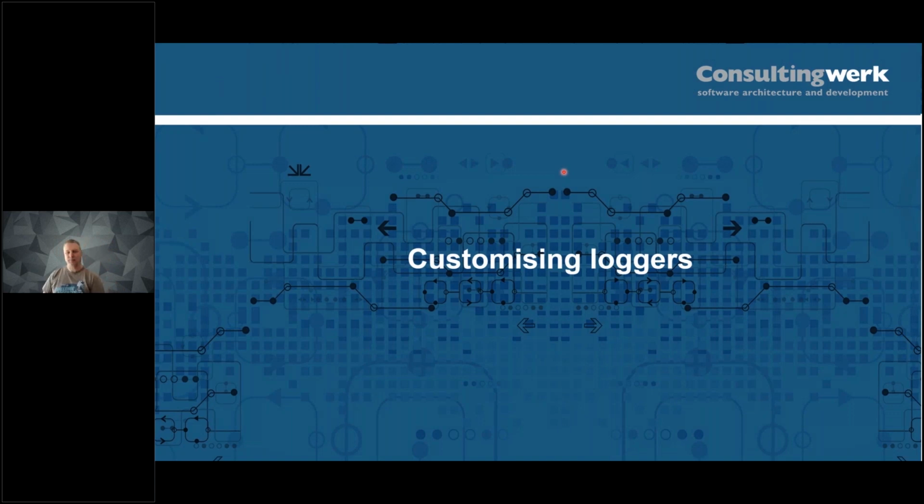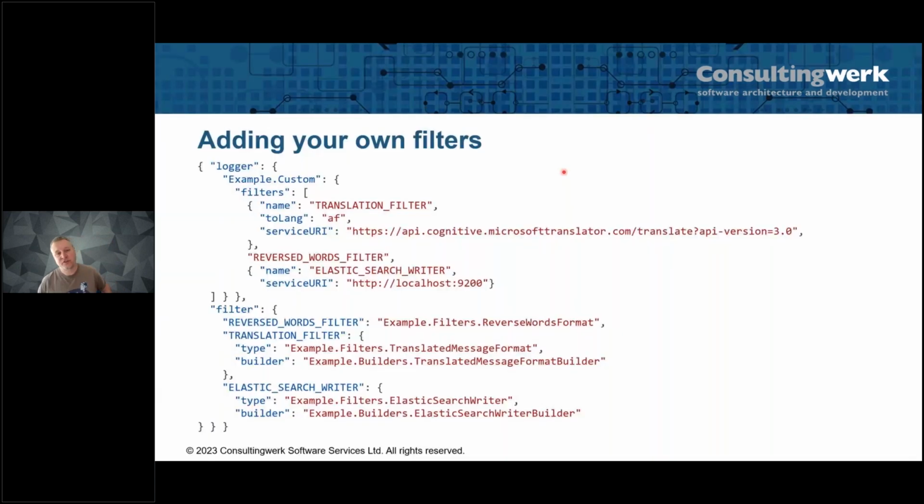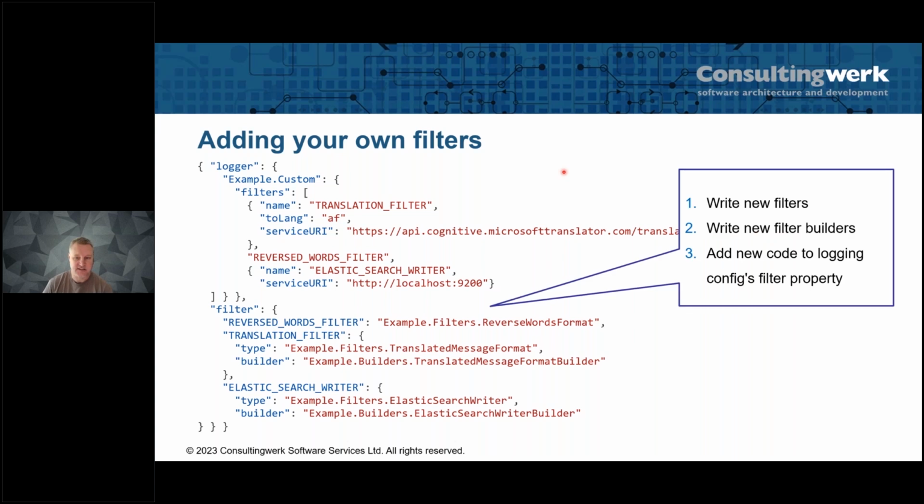So there's a couple of things to do here. The first form of customization is adding and writing your own filters. So you just add a filter, add it into the filter chain to do various things. So we write a filter. I've written, well, there's 3 down here: reversed words format, translated message format. They may have filter builders.